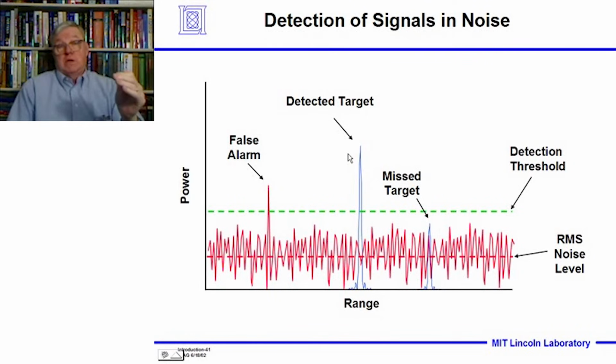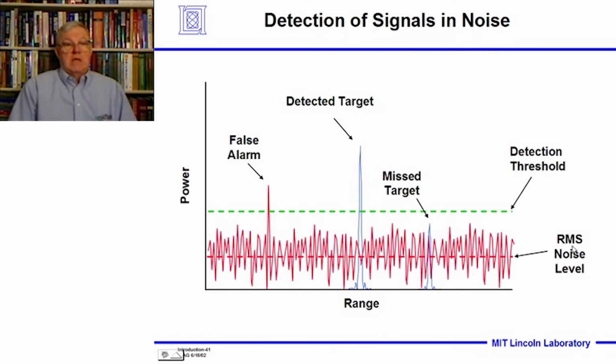Some do, like a sphere in any orientation. But complex targets like aircraft will fluctuate up and down. Or propagation could change, or its aspect angle could be changing, and that could change the return that you get. So literally the target is a random variable, and the noise is a random variable.